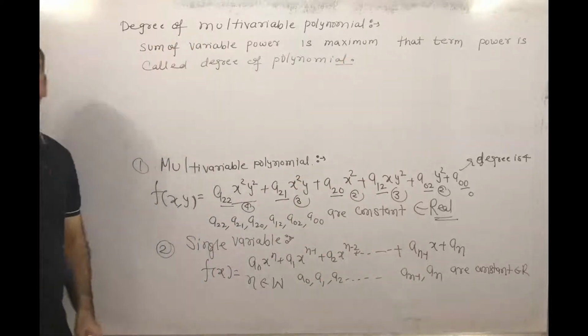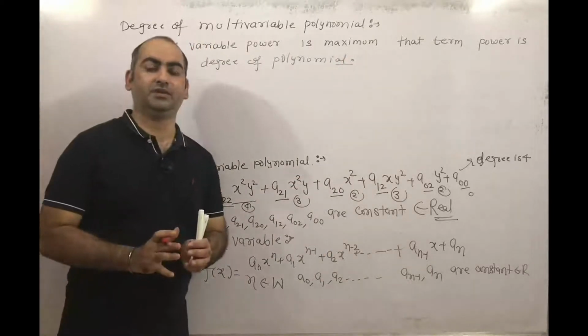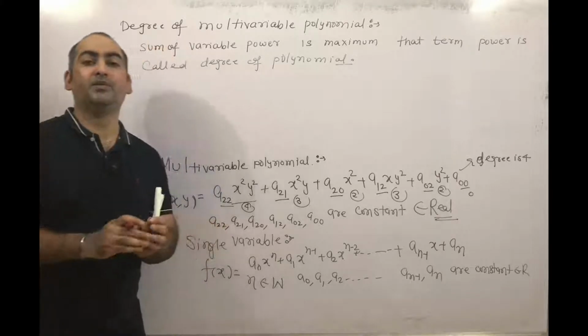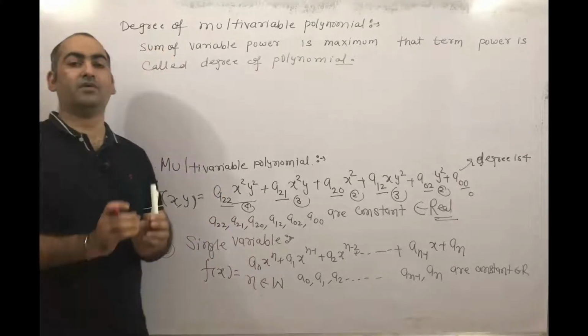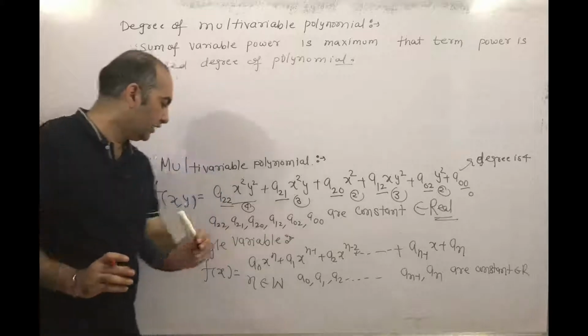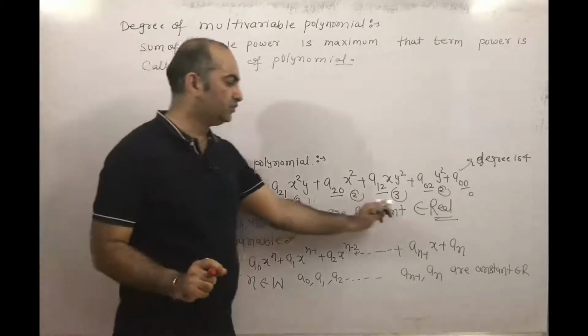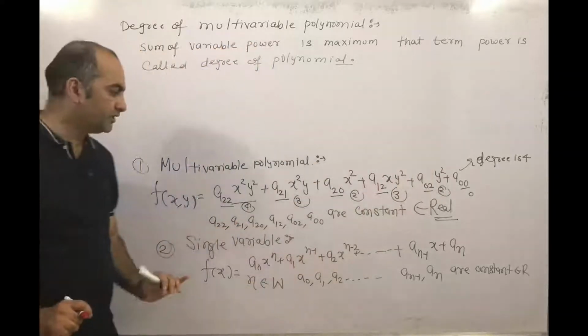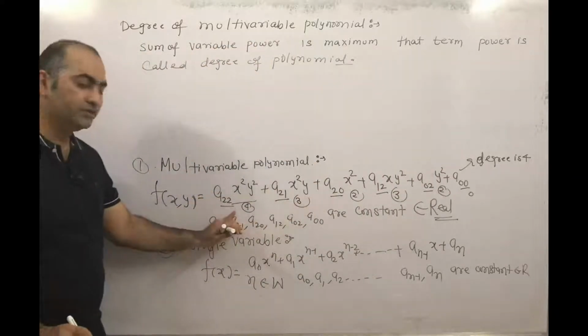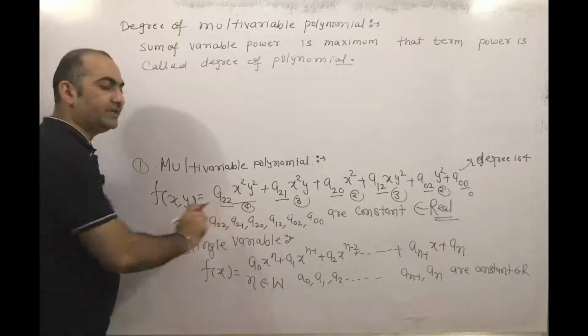So in every term we will do variable power summation. Here you can see in every term we are finding the variable power summation: 4, 3, 2, 3, 2, 0. So you can say among these, what is maximum? 4. So we can say degree is 4. So like that we can find it out.